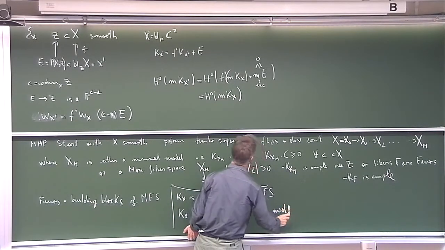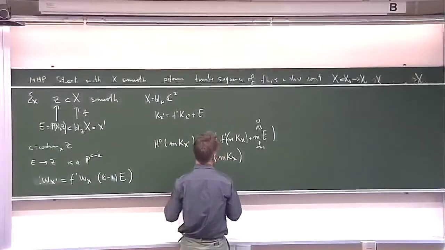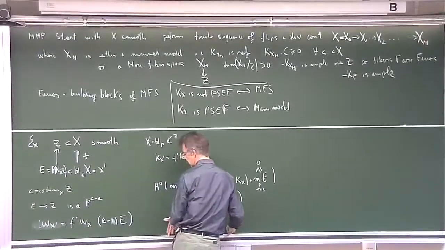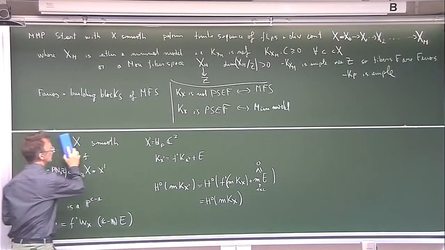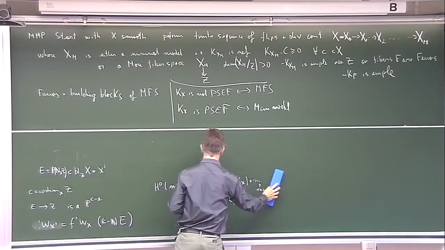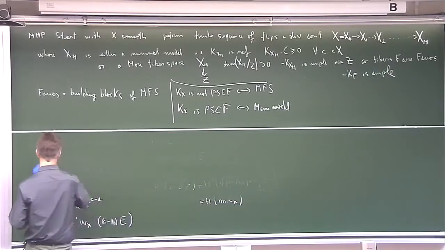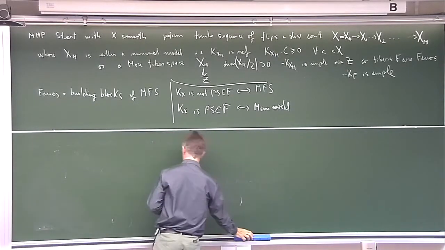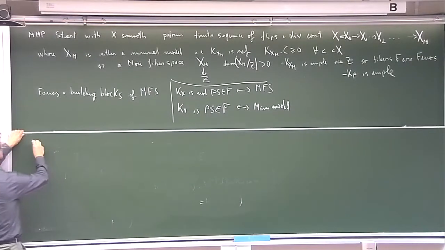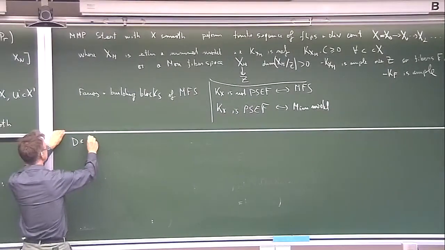So I realize that I've now introduced a new term, so I should explain what I mean by pseudo-effective. So let's say that D is a Q-divisor.